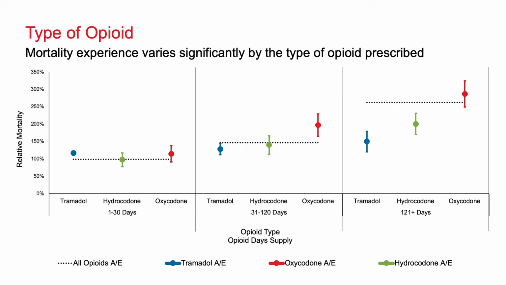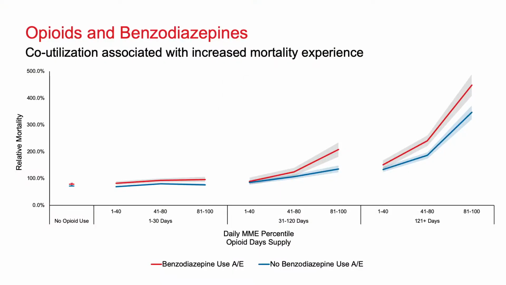However, for those prescribed tramadol, their mortality remained relatively constant regardless of the duration of the prescription of opioids. It is important to note that this does not signify that one drug is safer than the other. There are many reasons that a person might be prescribed one drug over another, and this could be reflected in these results here.